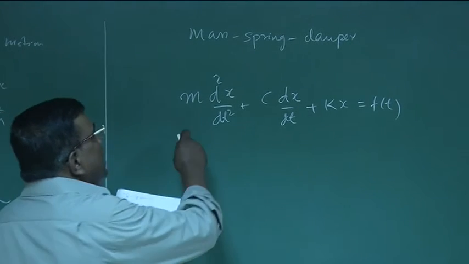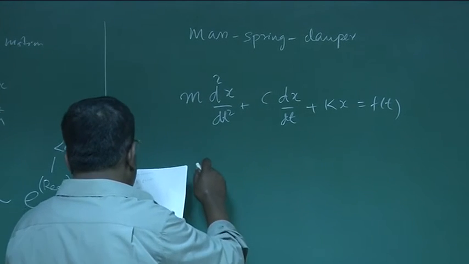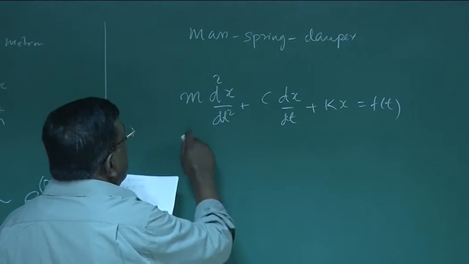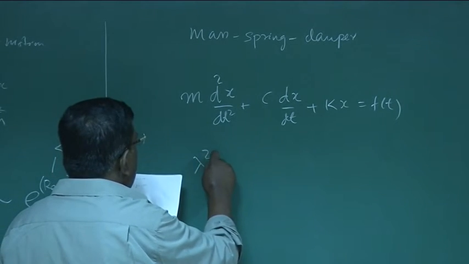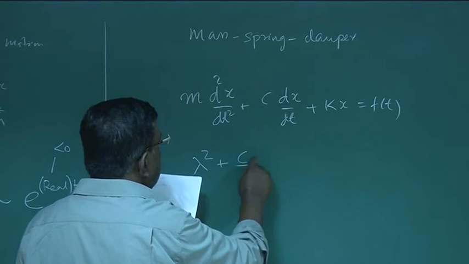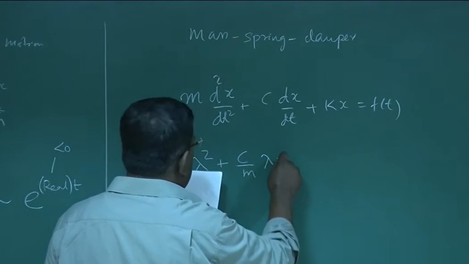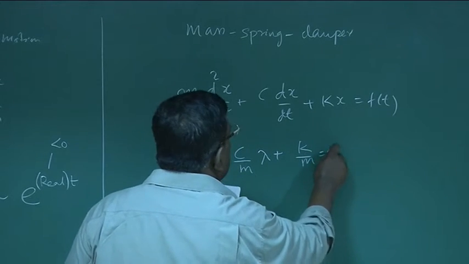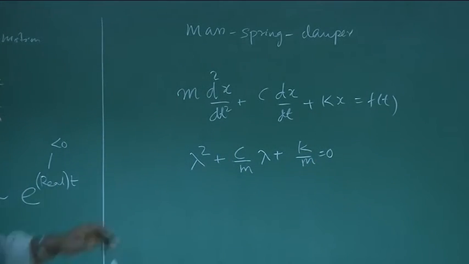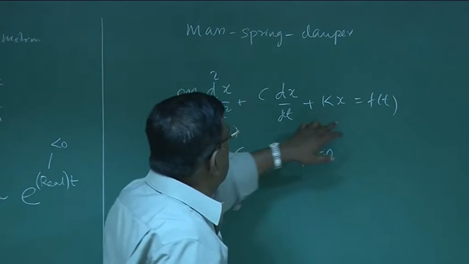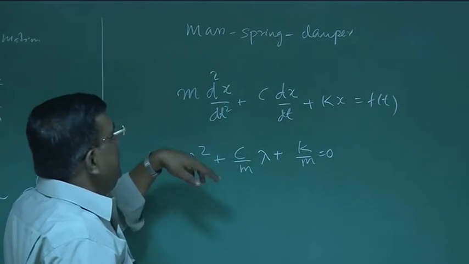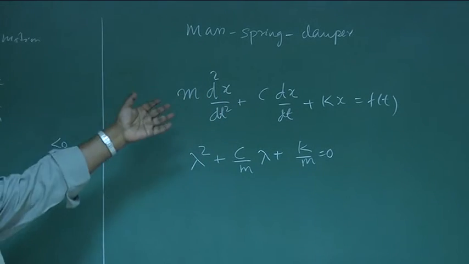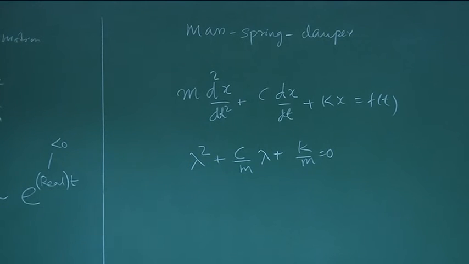So now, if I want to find the characteristic equation for the homogeneous solution, the characteristic equation will be lambda square plus c by m lambda plus k by m equal to 0. You are all familiar with this. I divide this by m, and then for x I write e to the power lambda t, put the derivative and you get the characteristic equation.